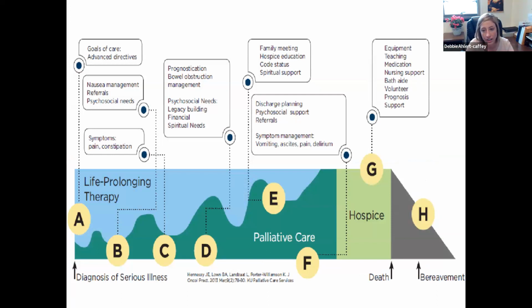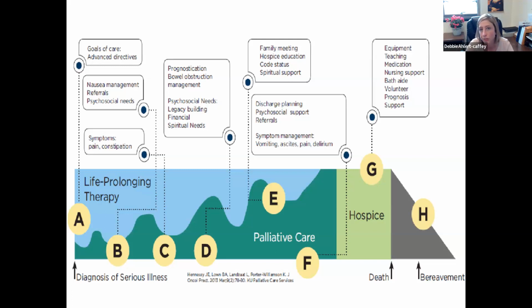This is kind of what palliative care and hospice, and then at the end is death, bereavement. This gives you a bit of a visual of how palliative care works alongside your regular doctor care, and then where hospice falls in.